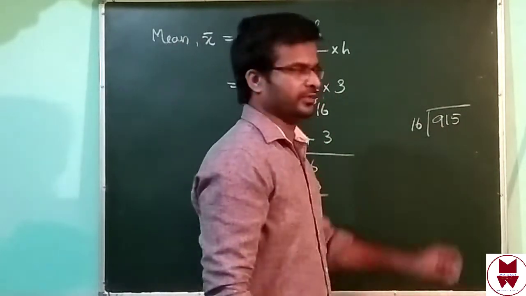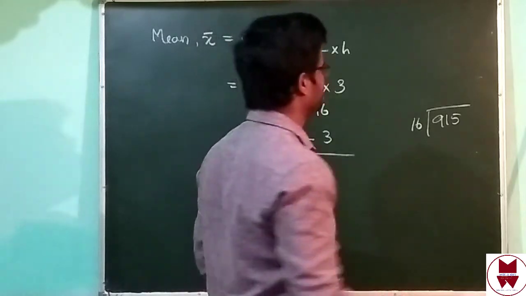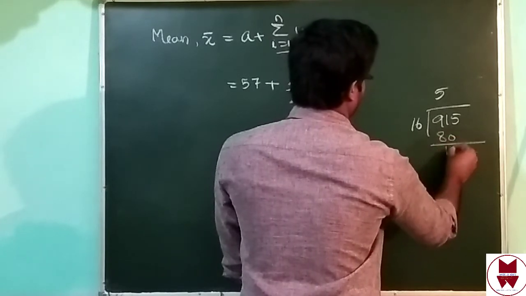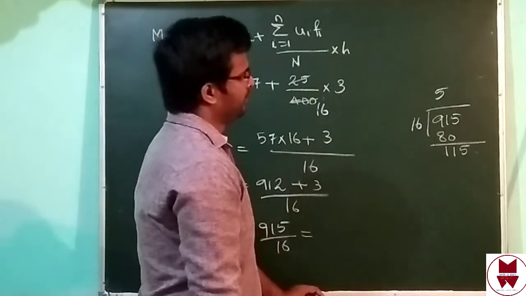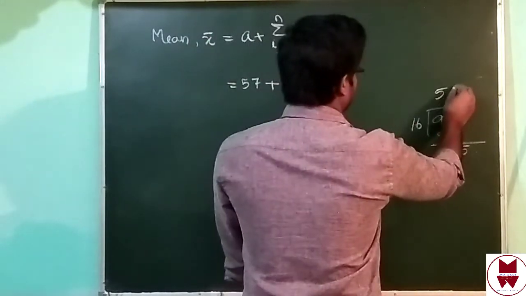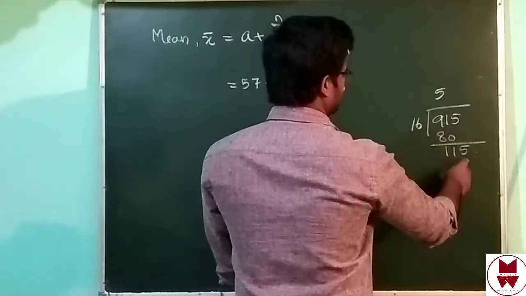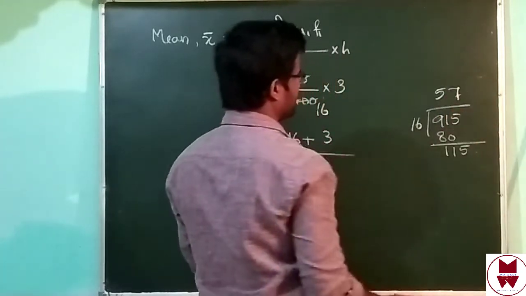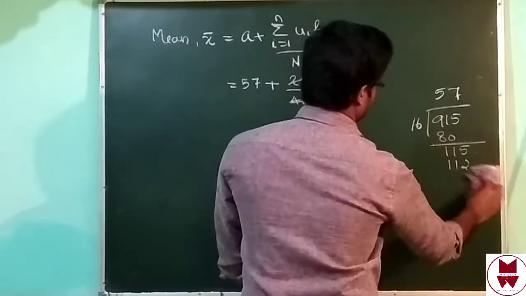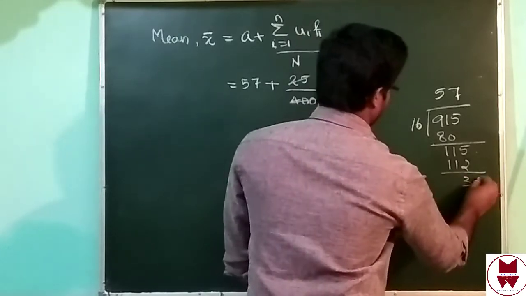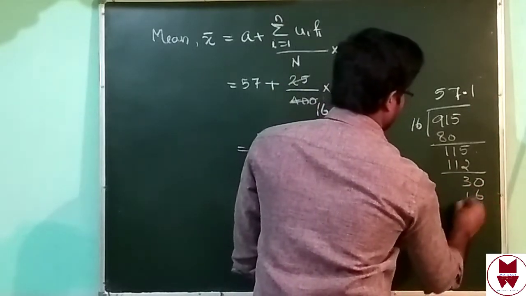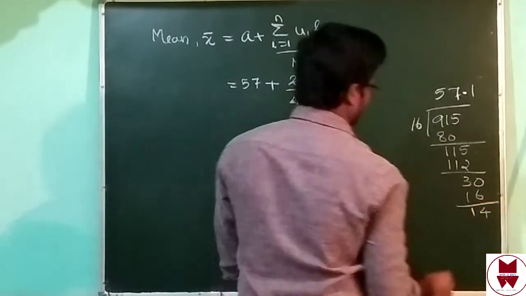In 90, first we can see how many times? 5. 5 into 16 is 80. Then 115. In 115, how many times 16? You will get 112. 7 times 42, 4, 7, 11, 112. Then 3, or 1 0, 1 point. In 30, 1 time 16.